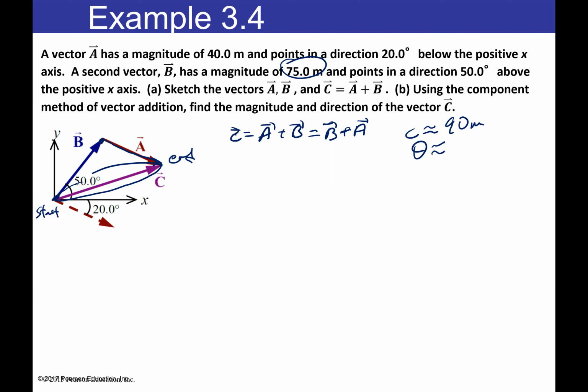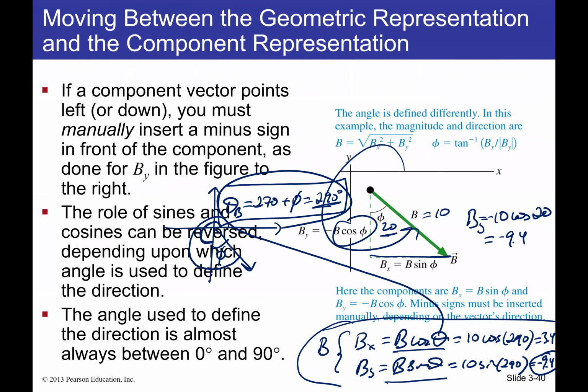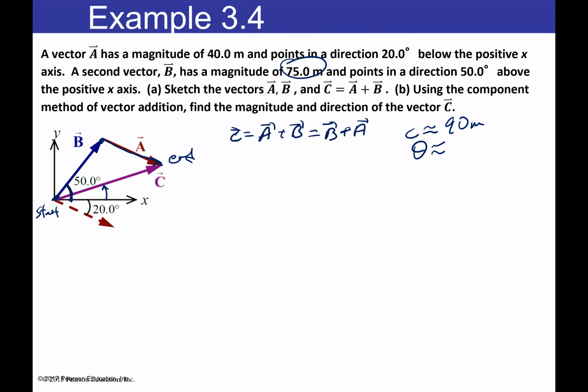Theta, let's estimate. I know that the vector B here is 50 degrees. And this is vector C, which is less than even half of that distance, right, at that angle. So I estimate this to be roughly 25 degrees, let's say. Again, give or take, right? There are uncertainties.